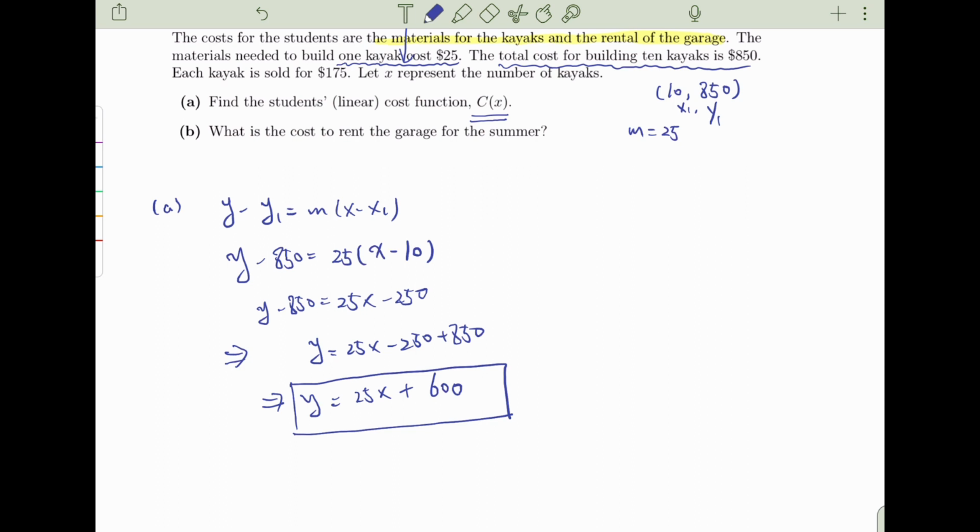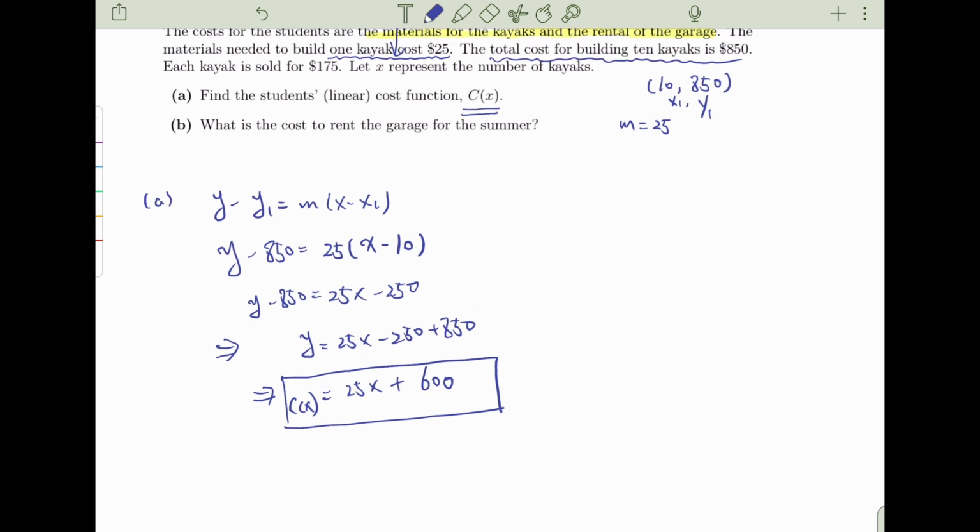We will denote this by c of x. That's the cost function. And now let's take a look at the cost of the rental of the garage for the summer. As I said, the rental of the garage is a fixed cost, so it does not matter how many kayaks you actually build.